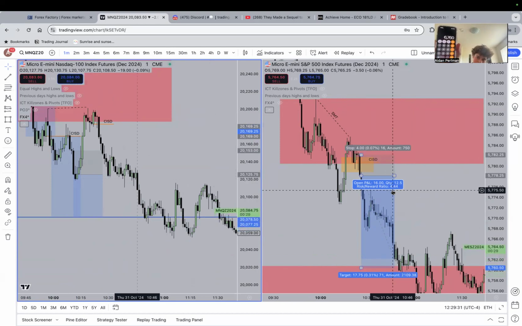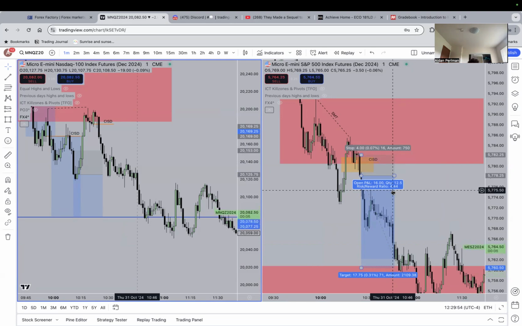Should have been up that much. So should not have been a break even day. Should have definitely been up a lot. But now I know explicitly because this was like a textbook continuation day kind of. Obviously, not everything was perfectly textbook, but this is as perfect as it's going to get probably.